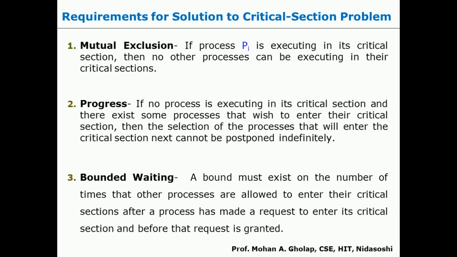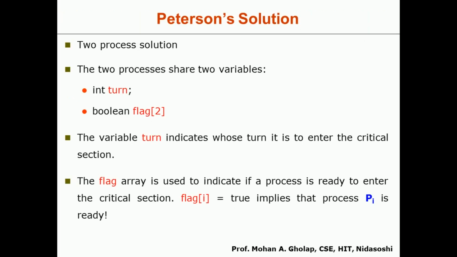So to restrict or control this, you have to maintain a bound on the number of times other processes are allowed to enter the critical section before granting the request of the waiting process. So these are the three requirements for the solutions that you want to provide for the critical section problem.